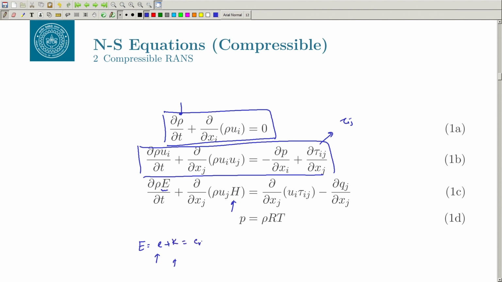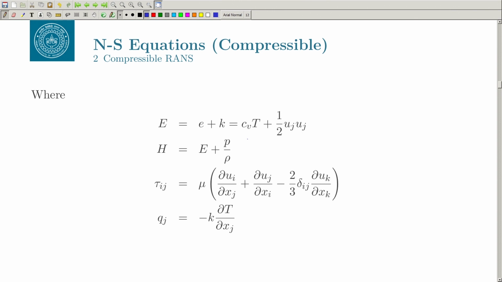So, internal energy, which is CvT plus half ui square, right, and then H will be E plus P by rho, right. So, that is basically we are including the pressure term also here, the pressure work is included in this particular term, right, and then you have this stress term and the thermal conductivity term, right.